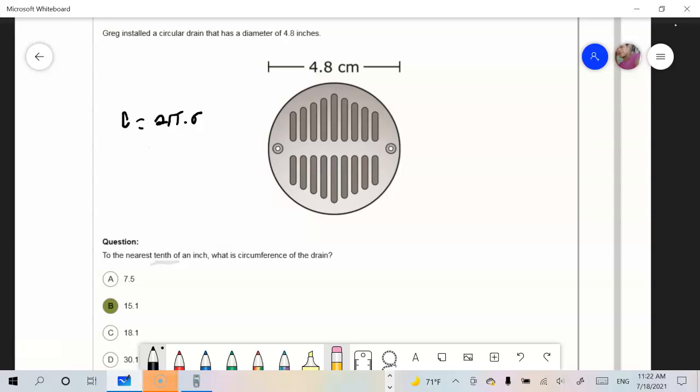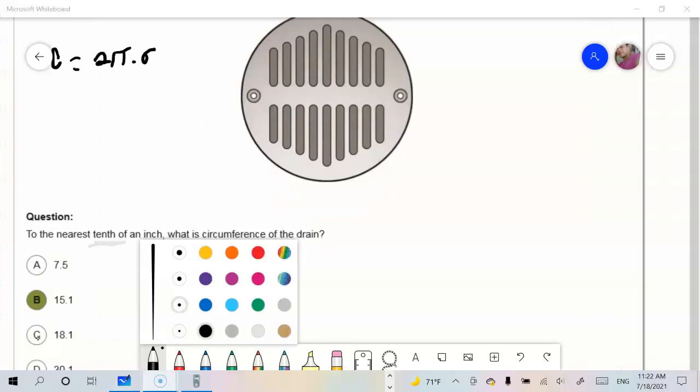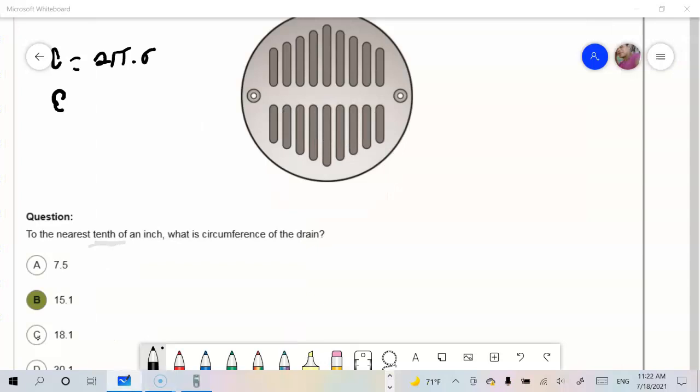If we use the formula, the circumference is going to be equal to 2 multiplied by pi by the radius, that is 2.4, right? 2.4. So I'm going to use the calculator to solve that equation.